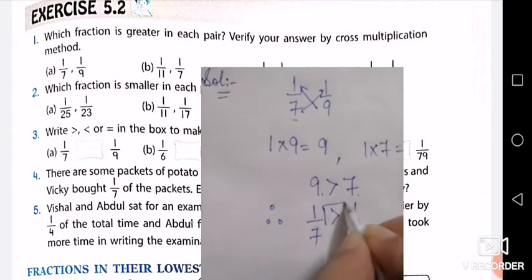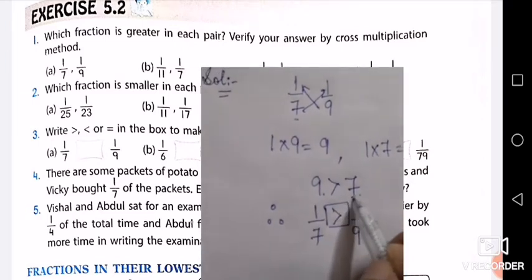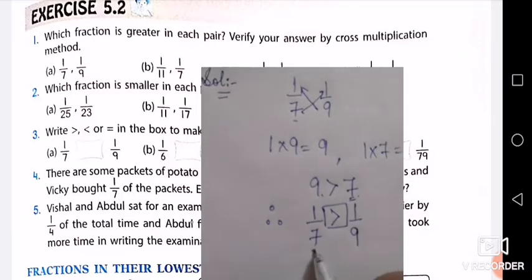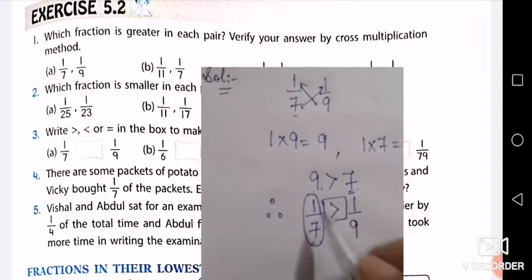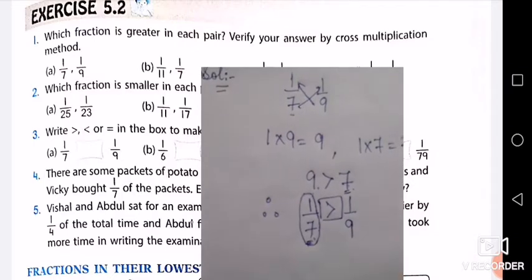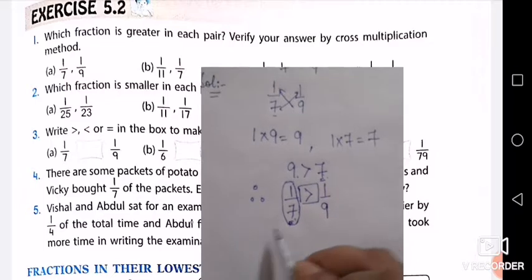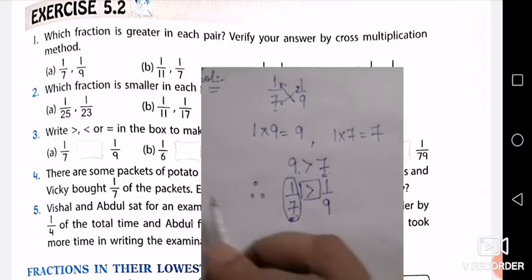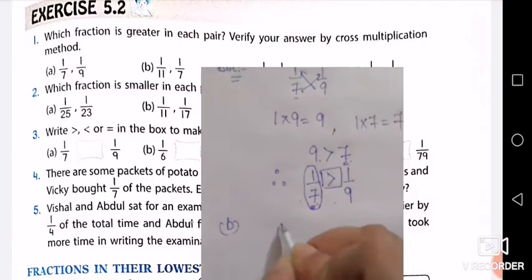So that the number which has the smaller denominator has the greater fraction. So this is the method of cross multiplication, and by this method only you are supposed to do this question number 1. Now we'll see B part.